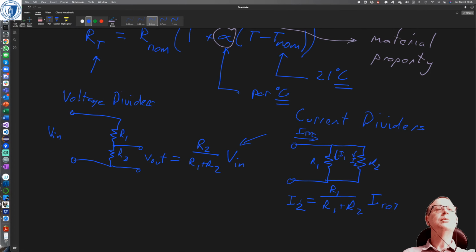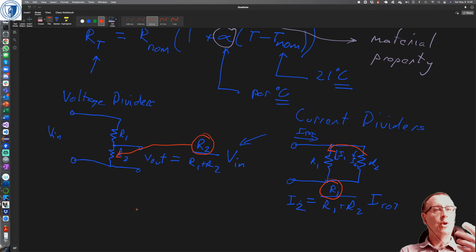Right, so here it's the resistance in the other branch, whereas in this one it's the resistance where we're looking at it, right? So that's why current dividers tend to be a little bit trickier, because you've got to look at the resistance in the other branch.